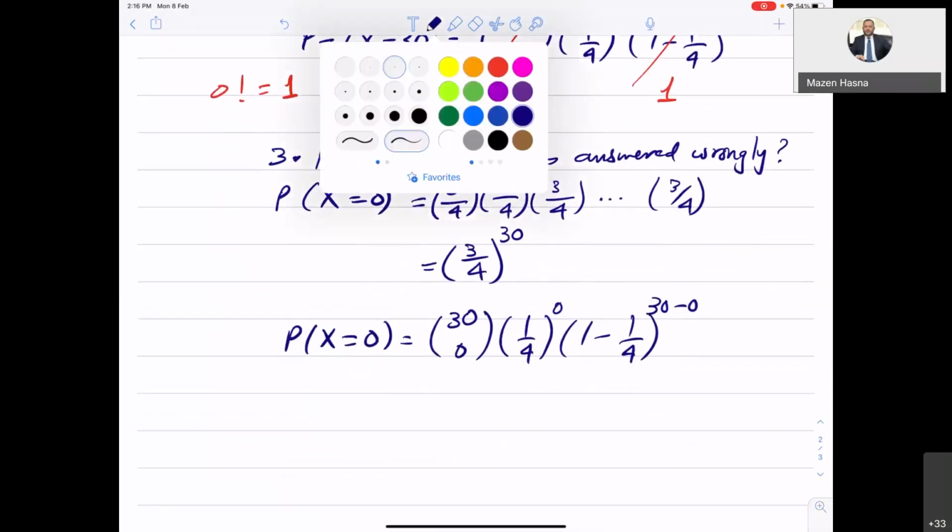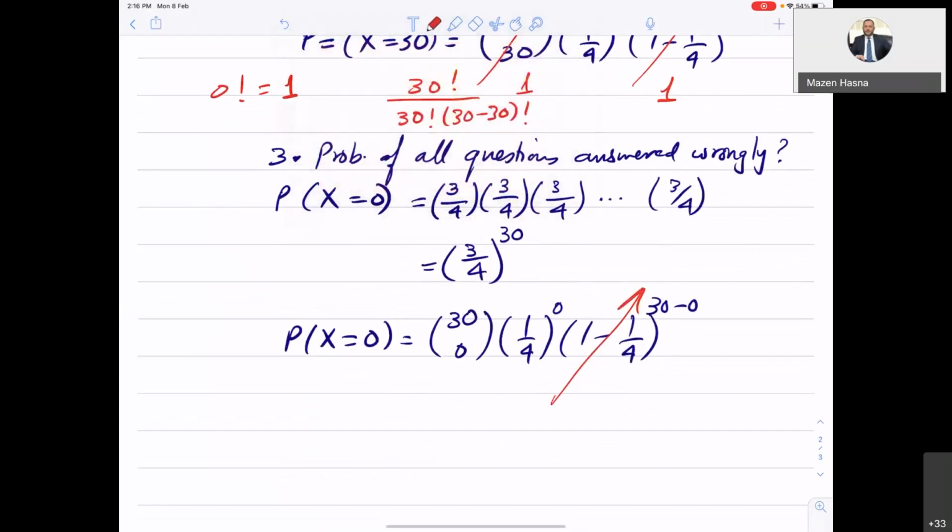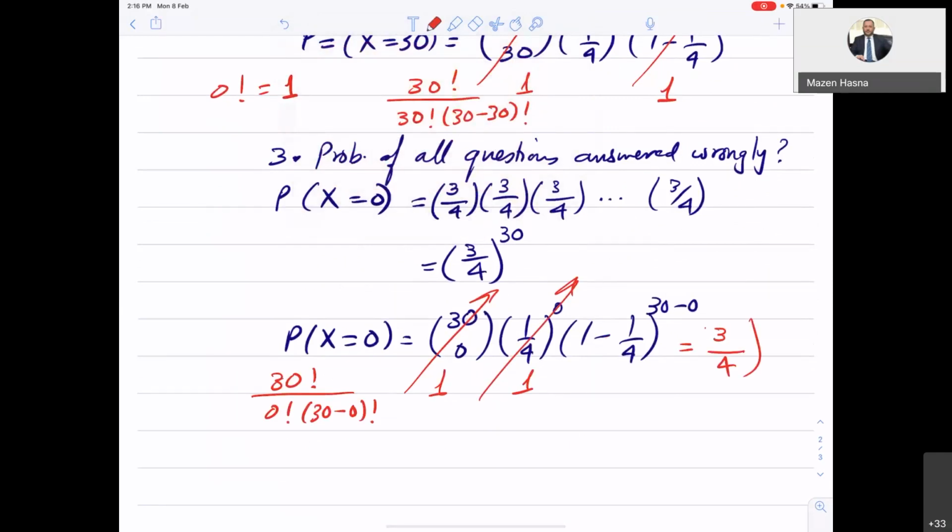Again, this is 1, and this is 1. Why? Because this is 30 factorial over 0 factorial times 30 minus 0 factorial. And this is, of course, 3 over 4 to the 30.